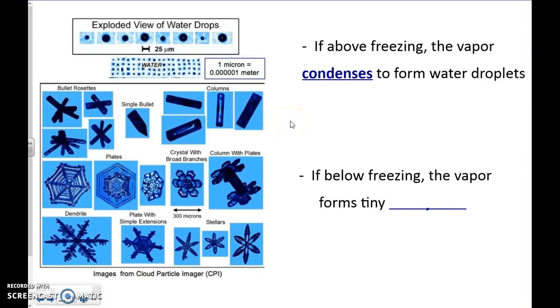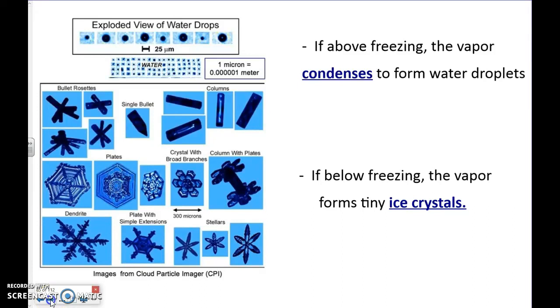Then they'll melt and then refreeze as snow if it gets cold enough. But they all start out here. So if it's below freezing, they're going to be tiny ice crystals, either these columnar crystals, and then melting and then starting the snowflakes, okay? So that's how we get clouds.